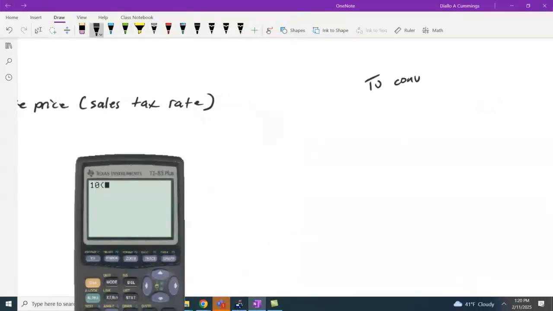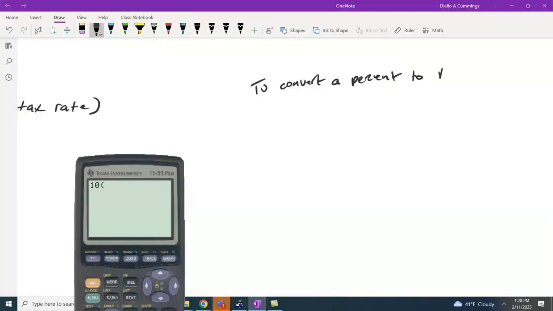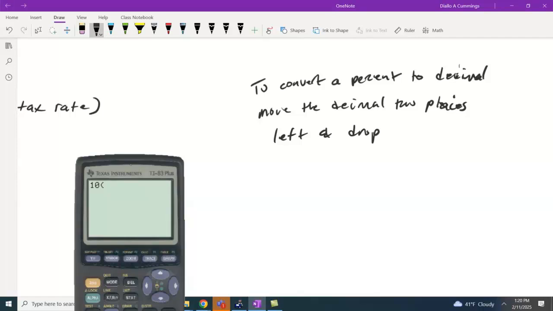To convert a percent to a decimal, move the decimal 2 places left, so we're just reversing the process, and drop the percent sign. Whenever you're performing calculations with percentages, you have to change the percentages to decimals.